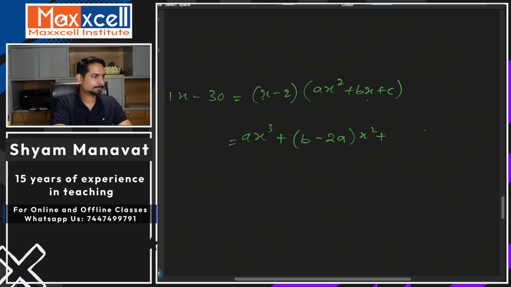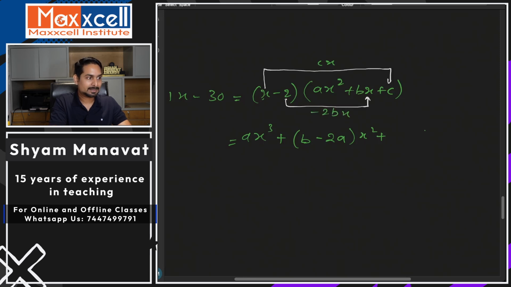How will I get it? By multiplying the single power with the constant, or the constant with the single power. If I multiply x with c, you get cx, and if you multiply minus 2 with bx, you get minus 2bx.